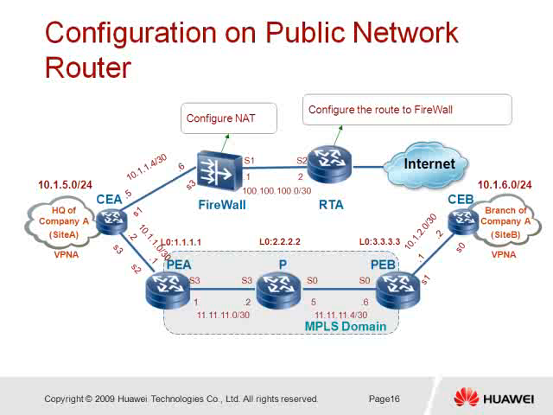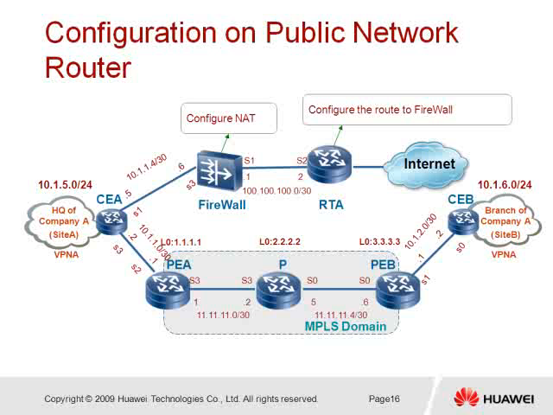Rule 10 permit ip source 10.1.6.0 0.0.0.255. And then, use the command quit to return to system view and configure the NAT address group.